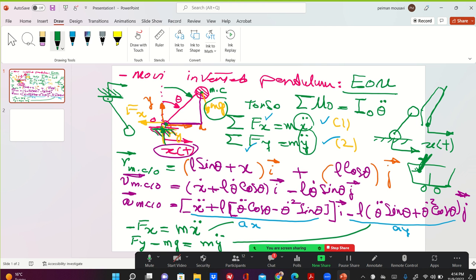Now mg is a force that has a torque around point O, helping the motion or resisting the motion. Is mg helping the increase of the angle theta, or resisting? So its moment sign is going to be positive. Helping means positive, resisting means negative. Simple like that.